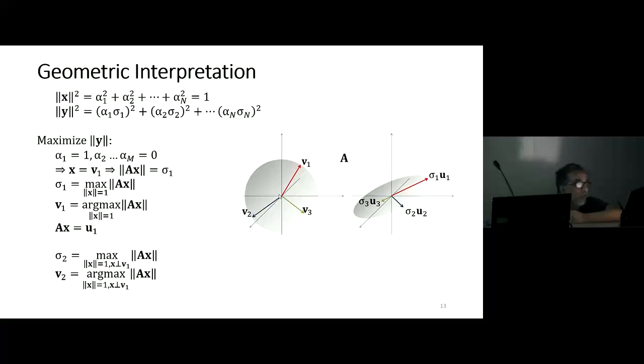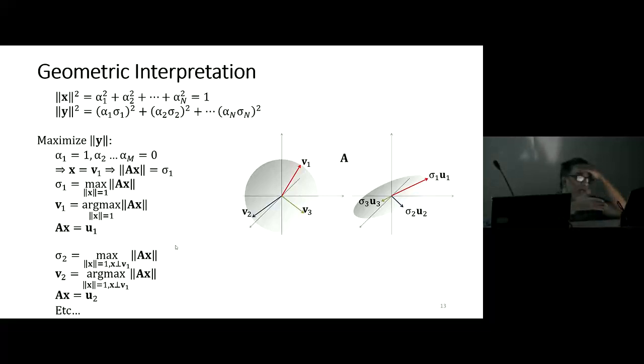See this blue vector here? This is V2, and it maps to sigma 2 U2. Sorry, there's a typo here. This is sigma 1 U1, and this is sigma 2 U2. And so on.